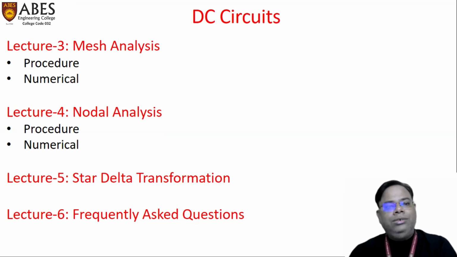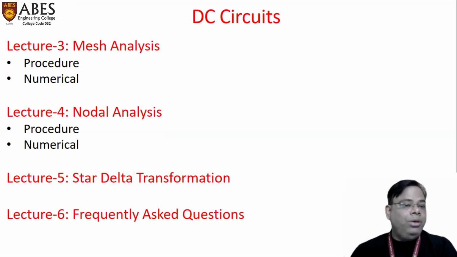After that, in our lecture number 5, we will talk about the star delta transformation. In the star delta transformation, we can convert the star connected resistances in terms of delta connected resistances, or vice versa. This is also an important topic.